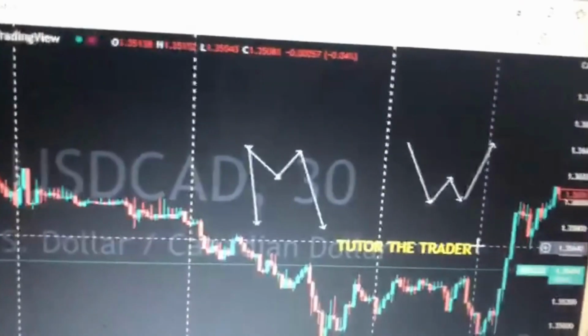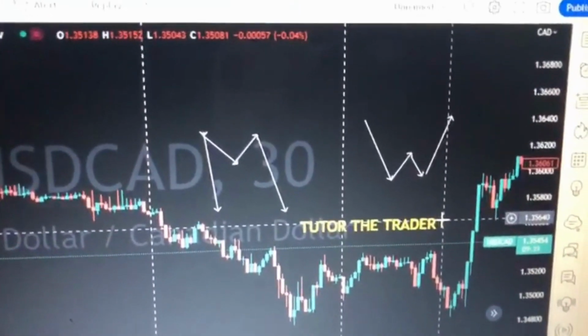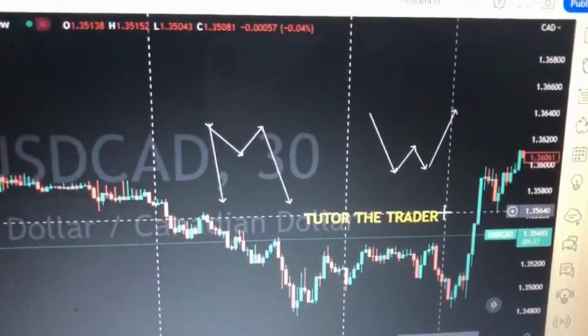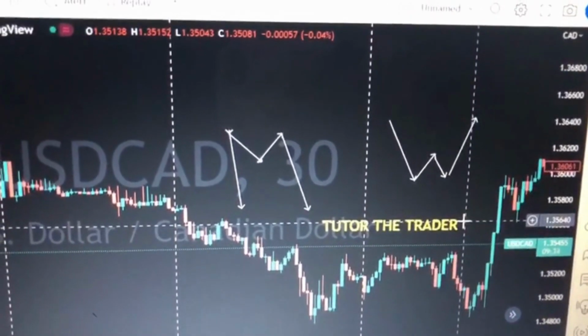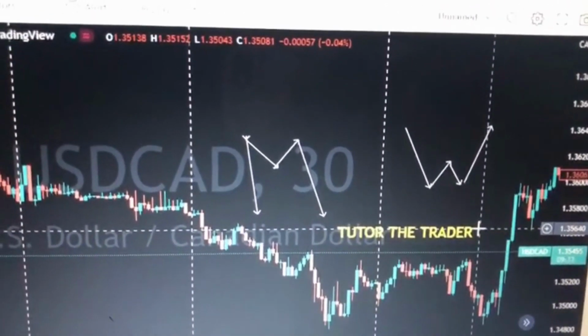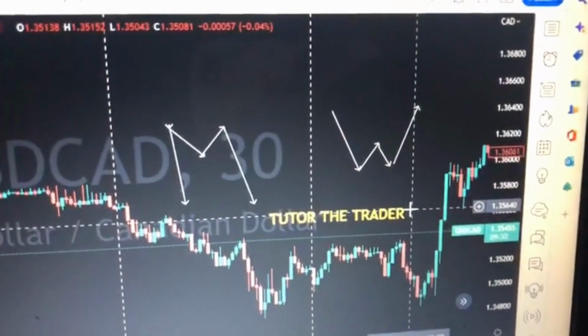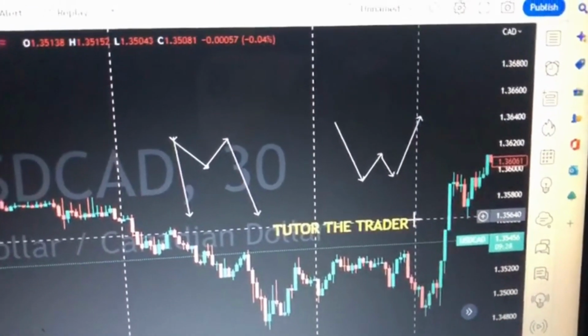Now, I'm very sure some of you might have seen this kind of pattern. This is what we call the M or double top. Then this is what we call the W or double bottom.